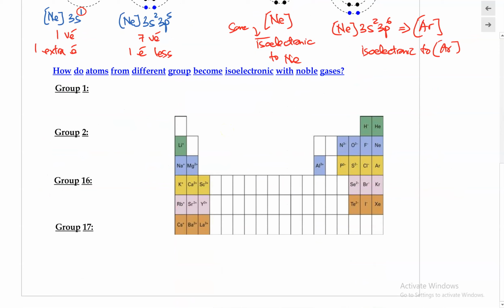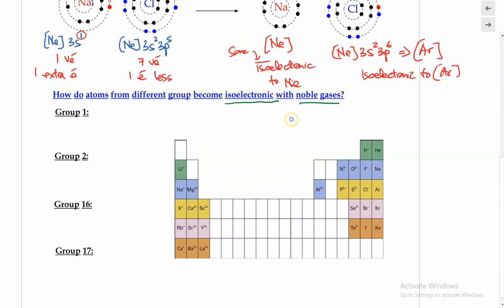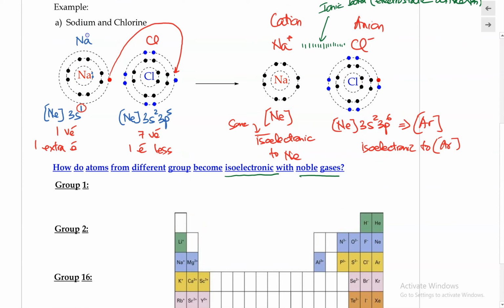Now, let's go over how atoms from the different groups become isoelectronic with the noble gases. We have seen already that group 1, sodium earlier, becomes isoelectronic with a noble gas by losing or giving an electron away to become the cation. And as for the chlorine, it becomes isoelectronic with a noble gas by gaining one electron.